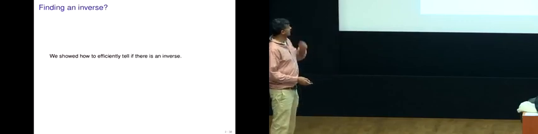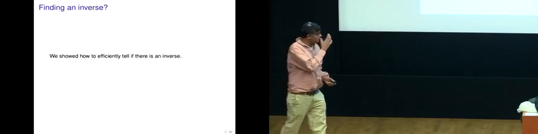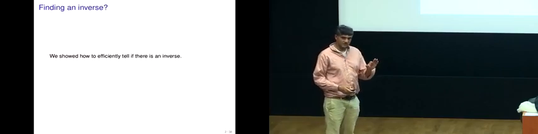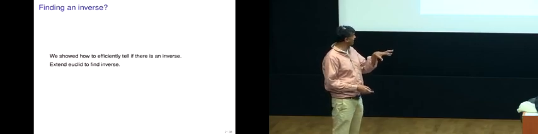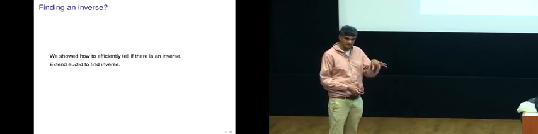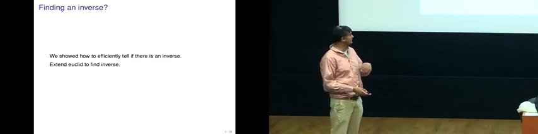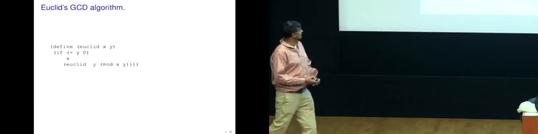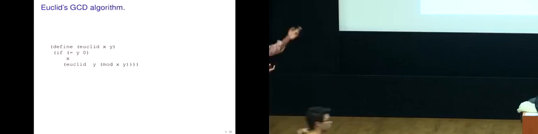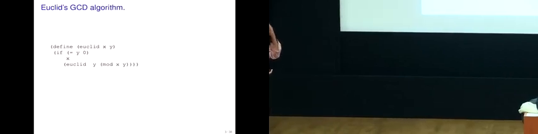Okay, so last time we showed how to efficiently tell if there is an inverse. And we started the proof of the extended Euclid's theorem to find an inverse. Just to remind you, this is the GCD algorithm. It's just recursive.